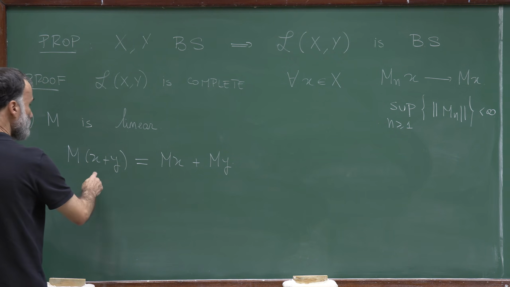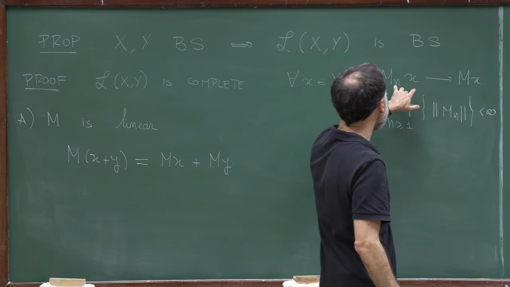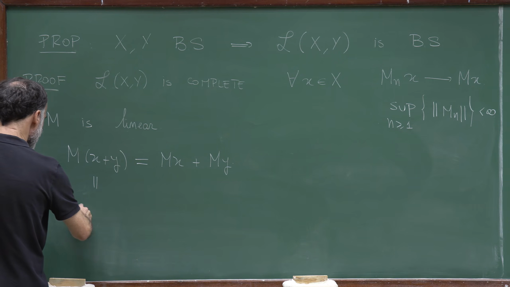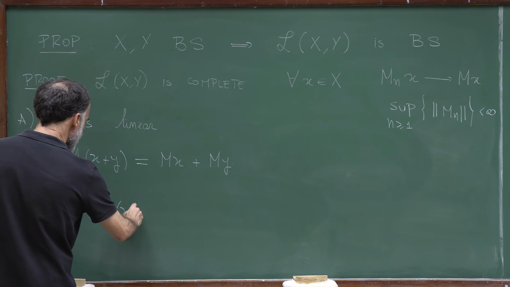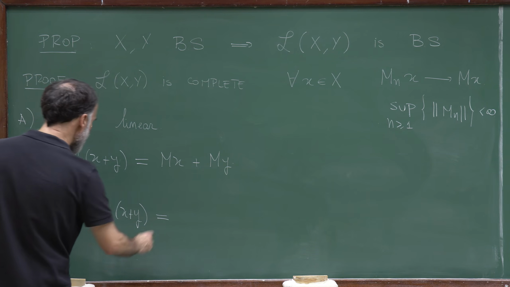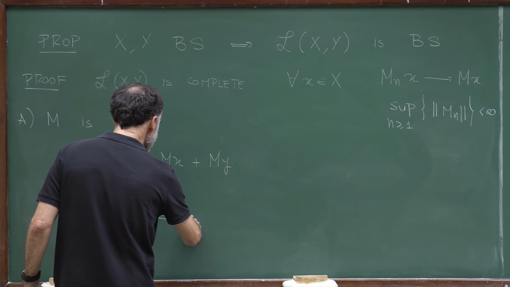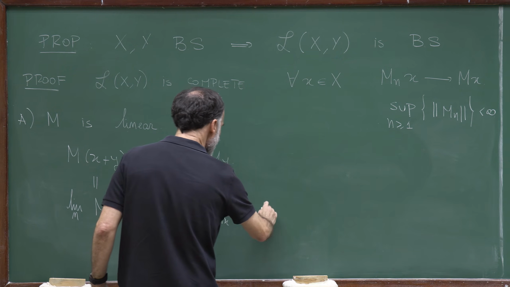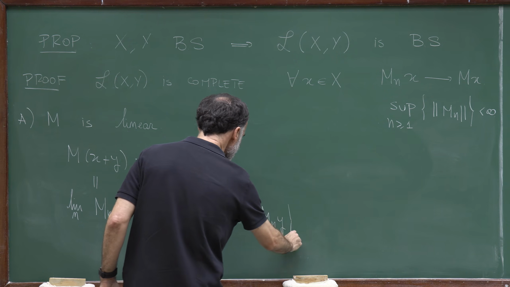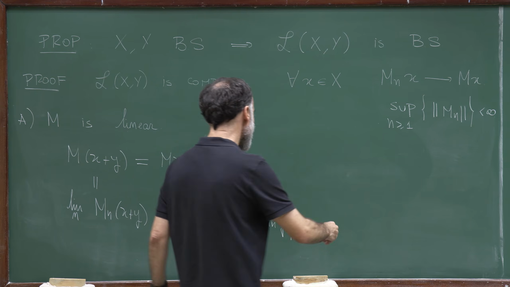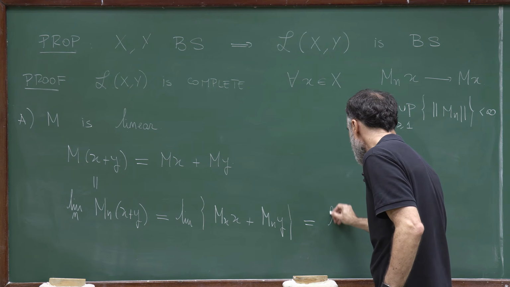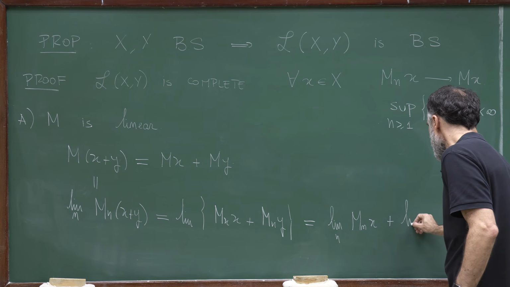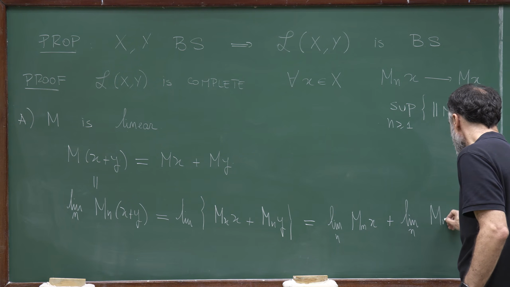So by definition, M of x plus y is the limit of Mn of x plus y, but by linearity of Mn, this is the limit of Mnx plus Mny. So the limit of a sum is the sum of the limits, so this is equal to the limit in n of Mnx plus the limit in n of Mny.